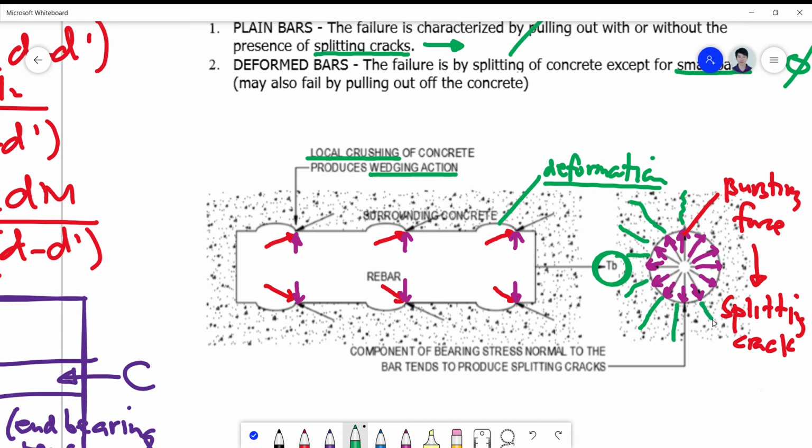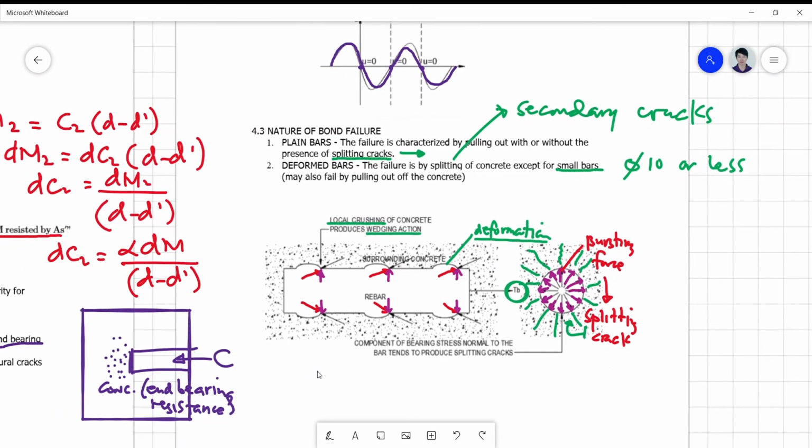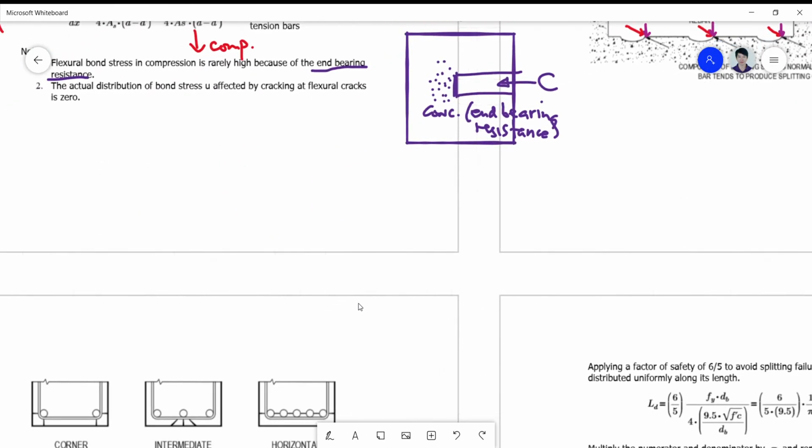So these are now your splitting cracks. That is what you can see now from the inside, and eventually it will be manifested on the outside of your reinforcement in this form.